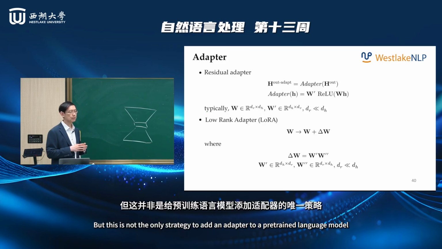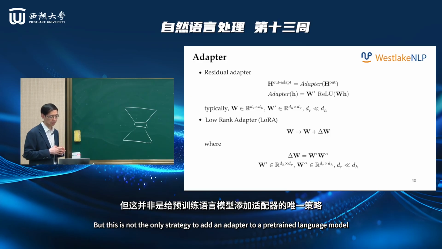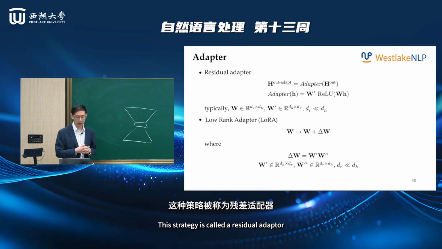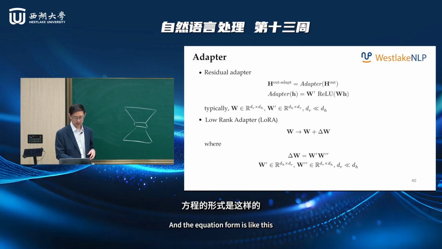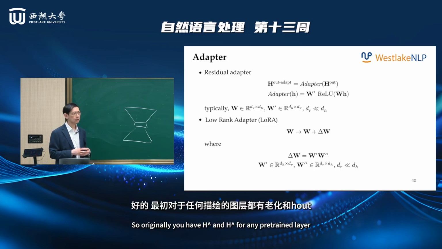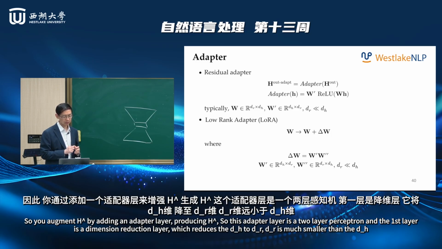But this is not the only strategy to add an adapter to a pre-trained language model. This strategy is called residual adapter. And the equation form is like this. Originally, you have H in and H out for any pre-trained layer. You augment H out by adding an adapter layer and produce H output adapt.